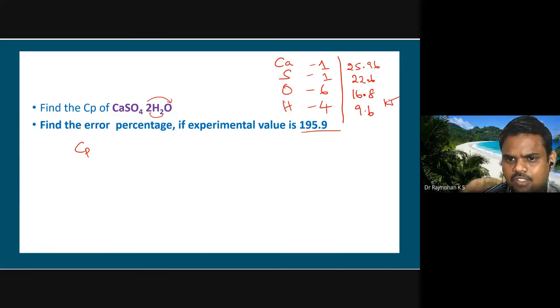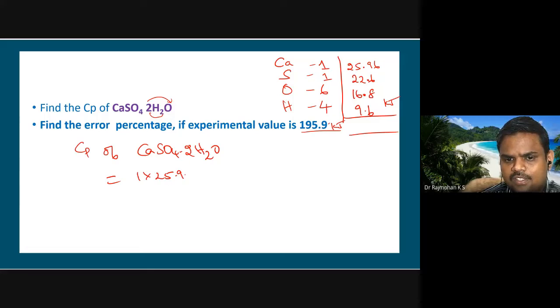All are in joules. So calculate the summation. Cp of CaSO4·2H2O is equal to 1 into 25.96 plus 1 into 22.6 plus 6 into 16.8 plus 4 into 9.6.